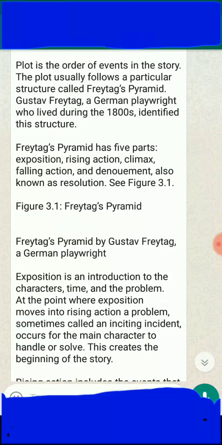Freytag's pyramid has five parts: exposition, rising action, climax, falling action, and denouement, also known as resolution.